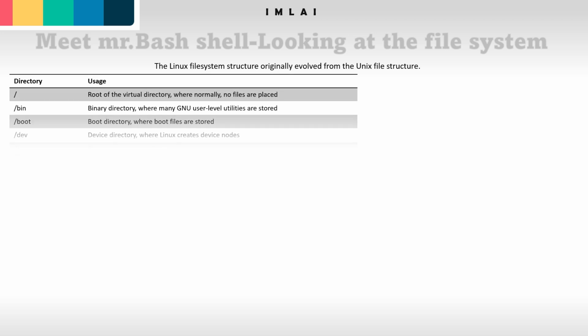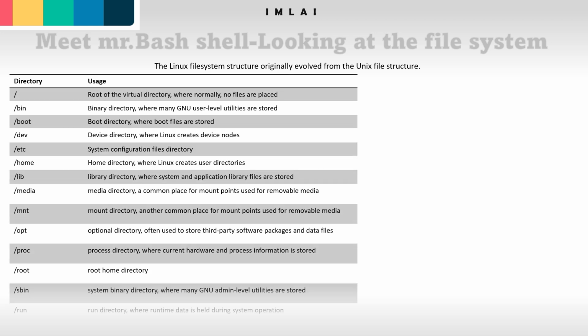The Linux file system structure originally evolved from the Unix file structure. So it goes like this. It consists of a forward slash.